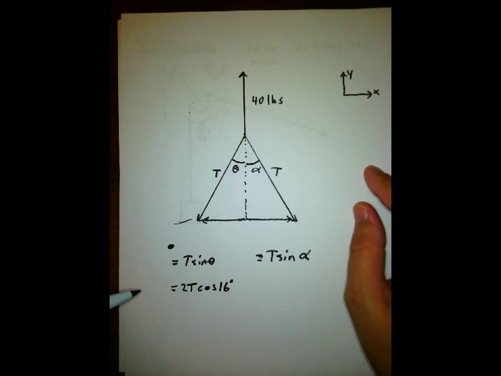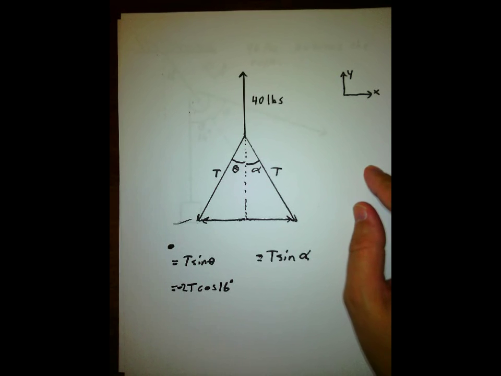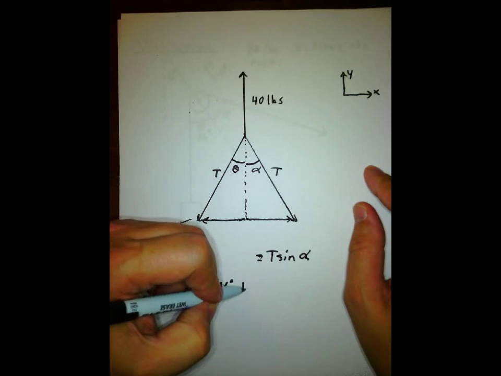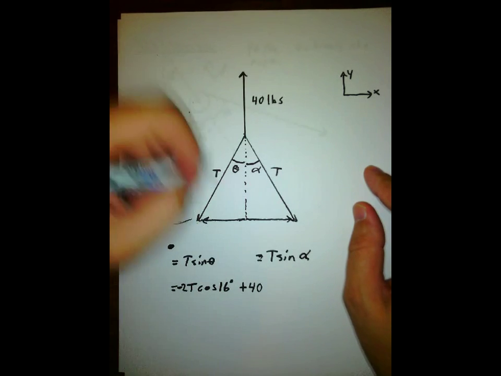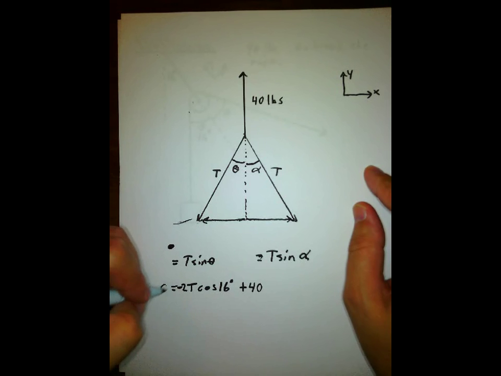And now, since they're pointing down, I can call that negative. Sorry, I don't really have room for my negative sign there. And then this is 40 pounds pointing up, so we're going to call that plus 40. And since this is a statics problem, we know it's not going anywhere. We know that if we sum all the forces in the y direction, that it's going to equal 0.